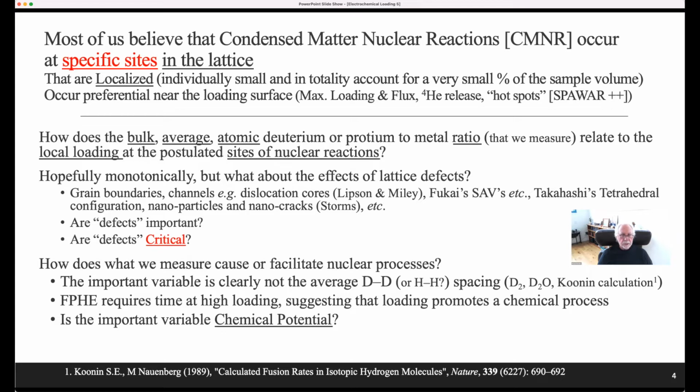The DD spacing in D2 and D2O is similar to or even closer than the DD spacing in a fully loaded PdD lattice. So we know that spacing is not the issue. We also know that the Fleischmann-Pons heat effect requires time at high loading, suggesting that the loading process is promoting a chemical process. Is the important variable chemical potential?